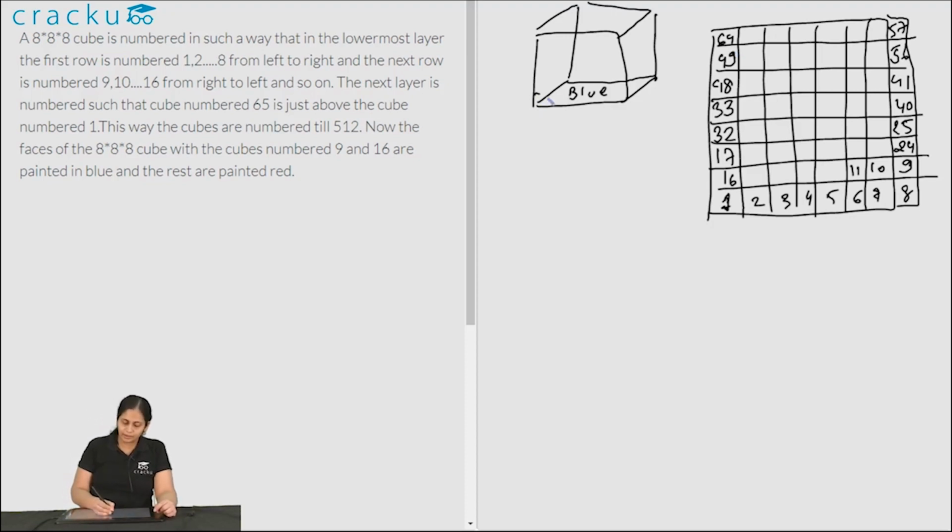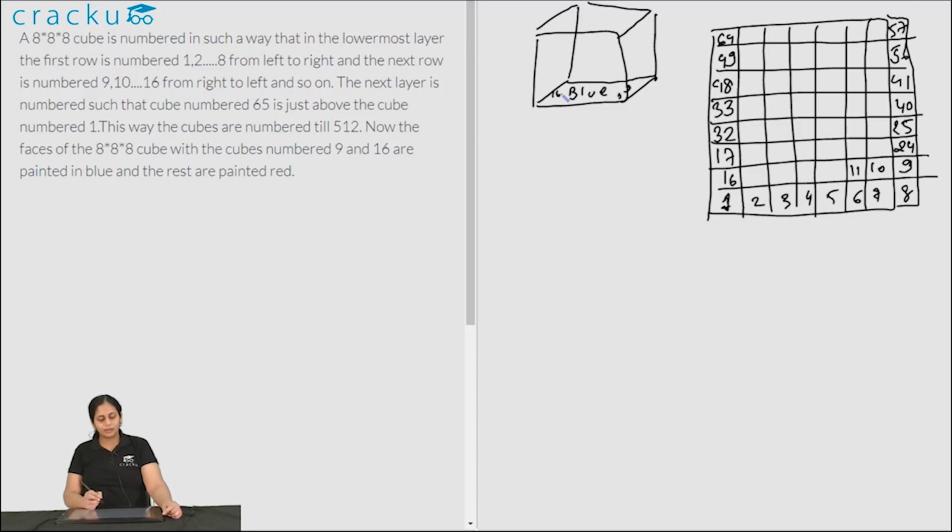If I can show on the screen, this is 1, this is 9, and this is 16 over here. Sorry, I'll just correct that: this is 1 over here, this is 9 at the bottom face only, and this is 16 at the bottom face.